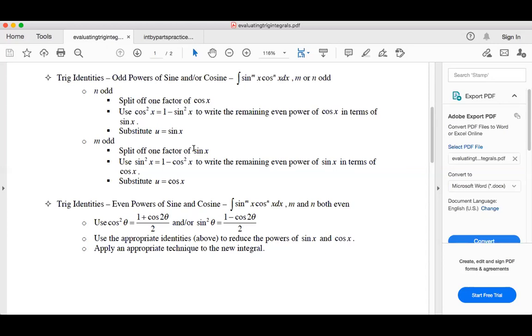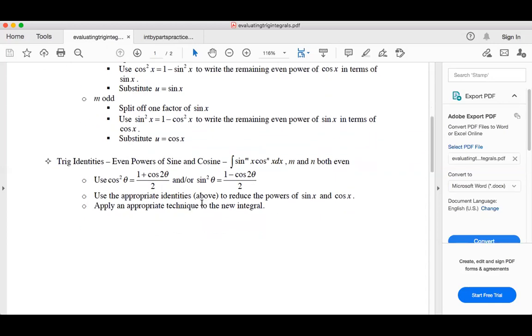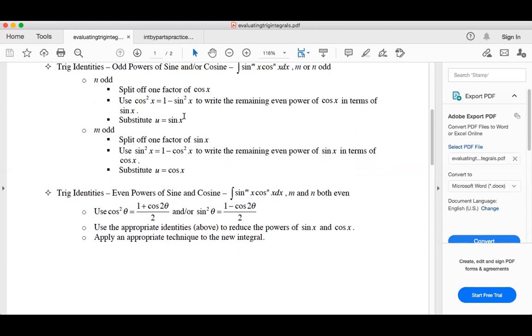If they're both odd, you get to take your pick. With the even powers, if we want to use trig identities, since we don't have an extra leftover power when we split things off, we're going to use these double angle formulas or half angle formulas in this form in order to do some rewriting. So we'll take a look at some of those as well.